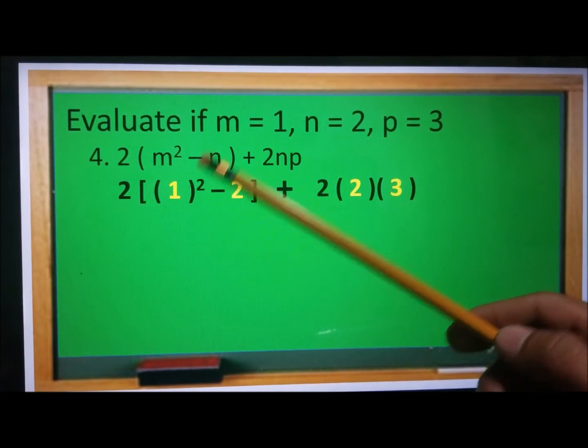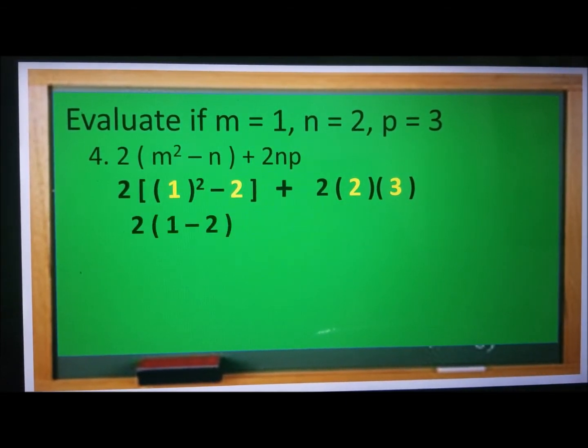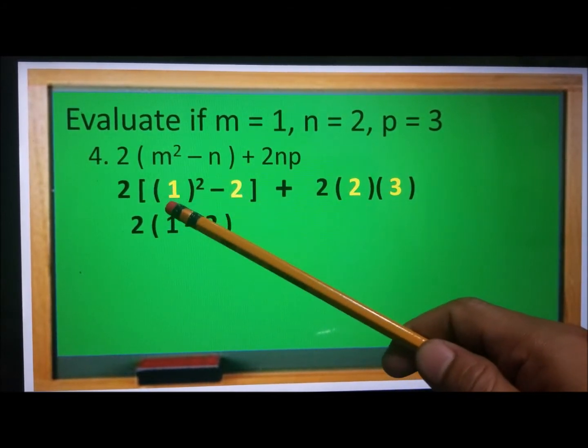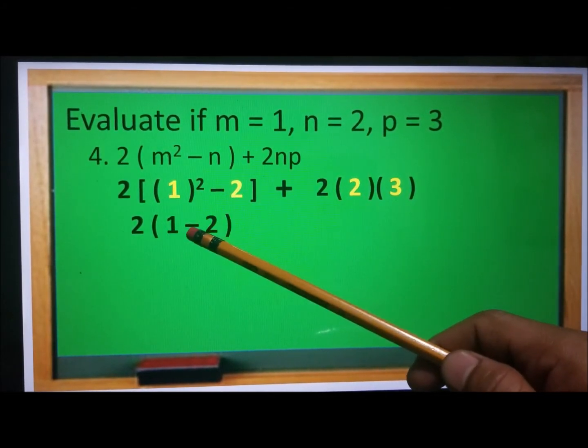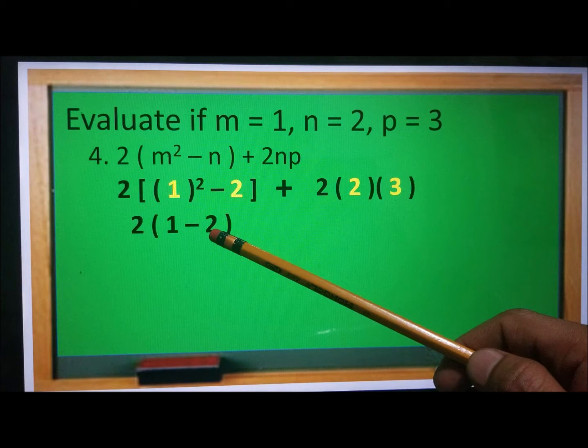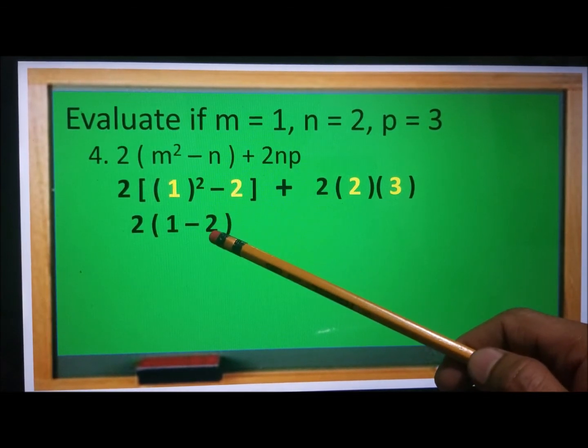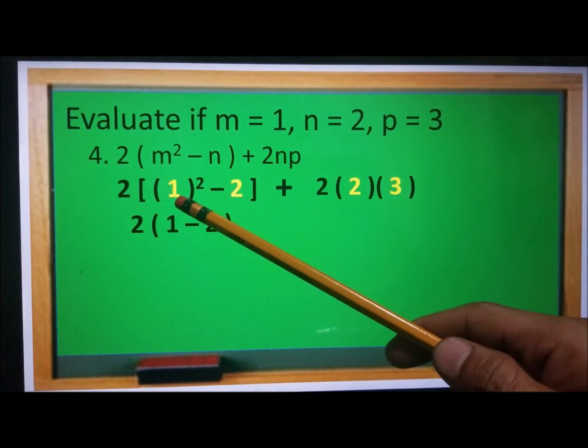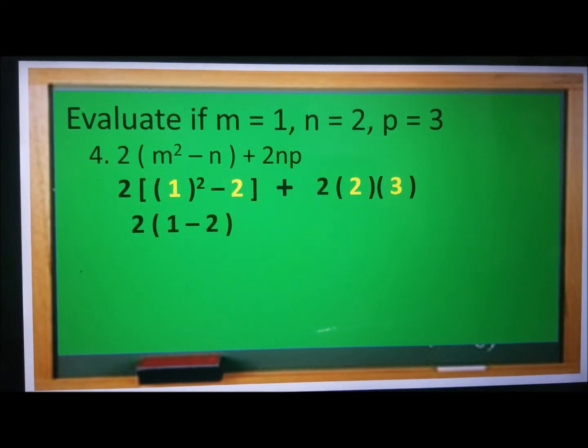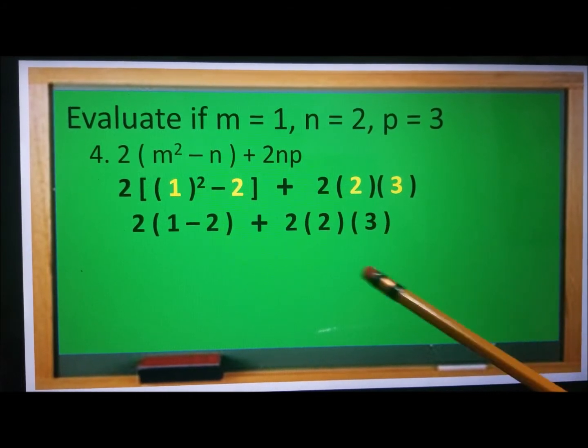So let's evaluate that first. We'll have 2 times 1 squared is 1 minus 2. The 2 did not change here because we just evaluated 1 squared. Plus, we will not do anything with the other part, so that will still be 2 times 2 times 3.